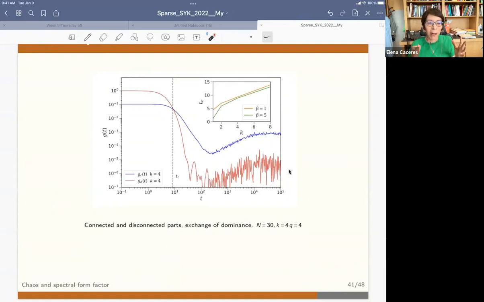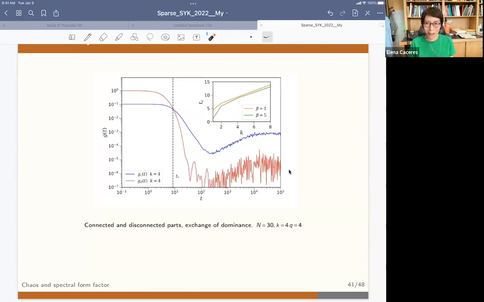So what could happen is that there are some light fields somehow in the bulk that live in the whole geometry. That's what they suggested.